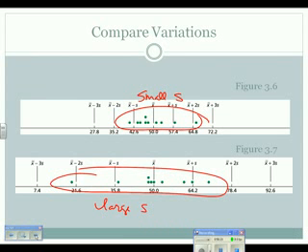More than half of our data is often within one standard deviation of the mean. So if we go out one standard deviation from the mean, we're going to usually have about half or maybe even more than half of our data within that one standard deviation.